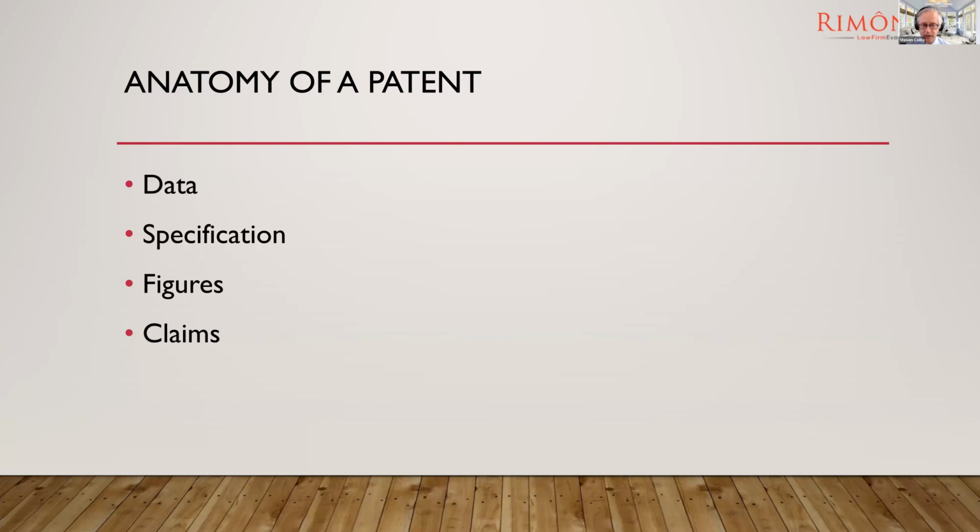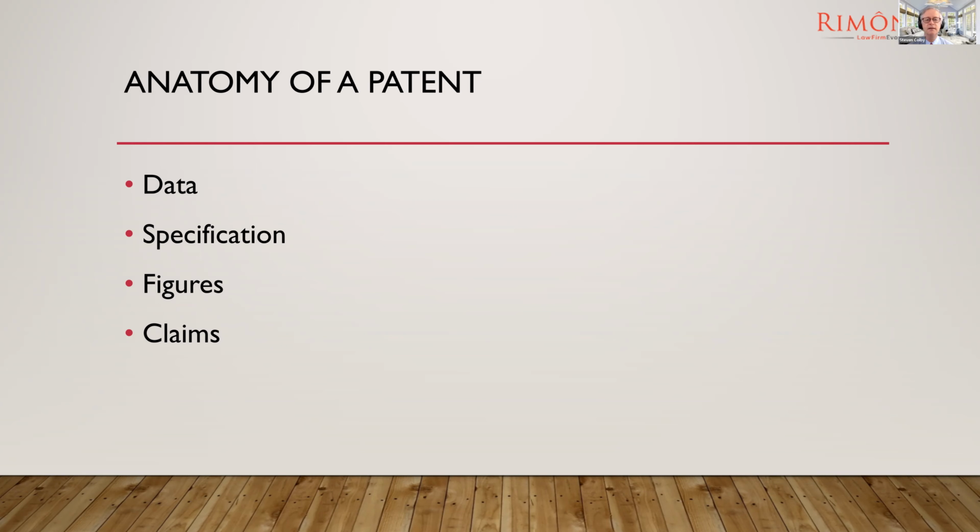There's usually figures. The exceptions are sometimes you'll see something like a chemical patent that won't have figures, but almost always there's a figure in the patent. And then there's the claims section. A lot of what I'm going to be talking about today is interpreting these different sections and telling you how you can extract information out of them and what to pay attention to and what's really important. All right, let's move on here.